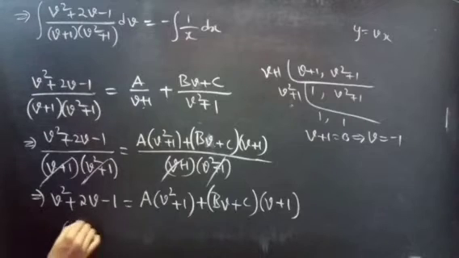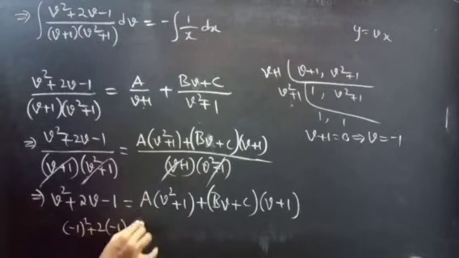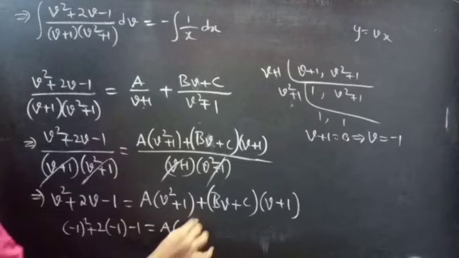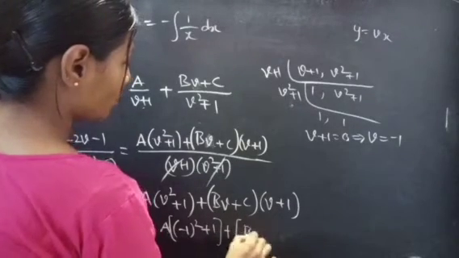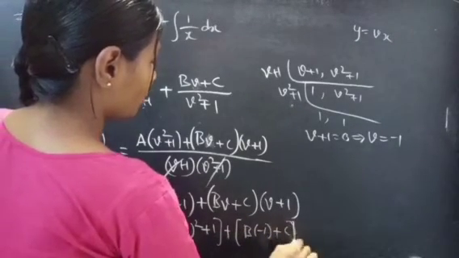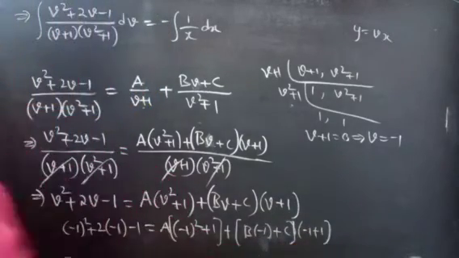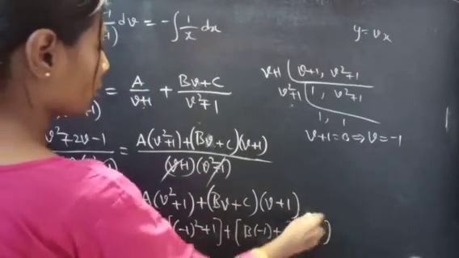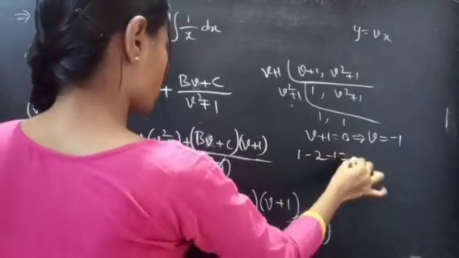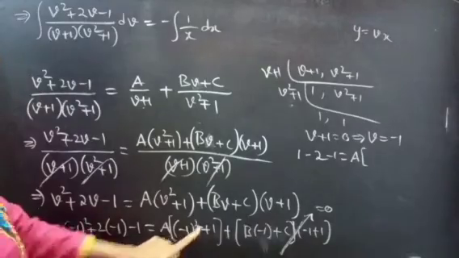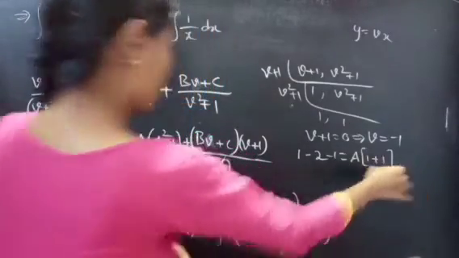Then we'll get (minus 1) whole square plus 2 into minus 1 equals to a times ((minus 1) whole square plus 1) plus (b times minus 1 plus c) into (minus 1 plus 1). Since minus 1 plus 1 is 0, so the second term becomes 0, right? Then this becomes (minus 1) whole square is 1, minus plus into minus is minus, 2 into 1 is 2, so 1 minus 2 is minus 1, equals to a times ((minus 1) whole square is 1 plus 1).